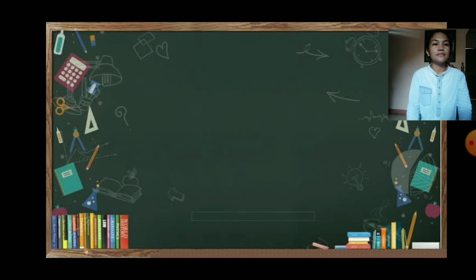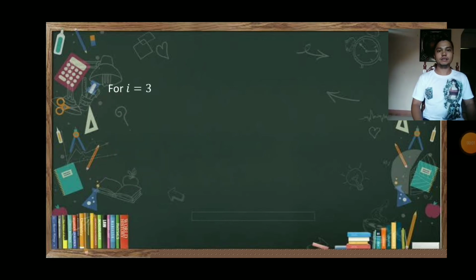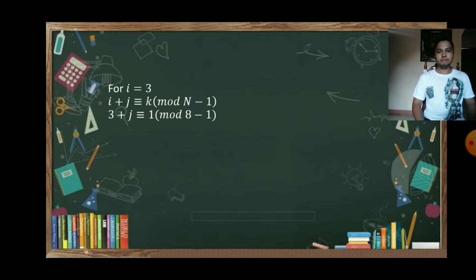For I equals 3, we have I plus j is congruent to k mod n minus 1. Then substitute I with 3. Then we get 3 plus j is congruent to 1 mod 8 minus 1. Then we have j is congruent to 1 minus 3 mod 7.